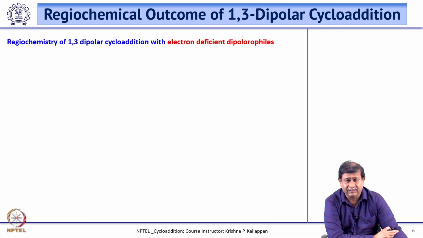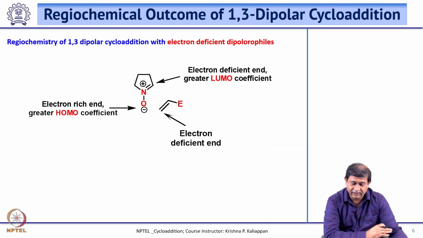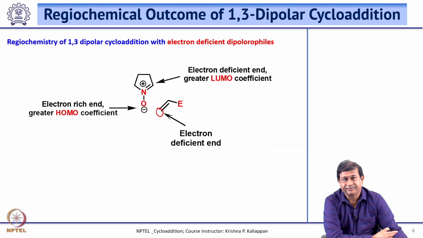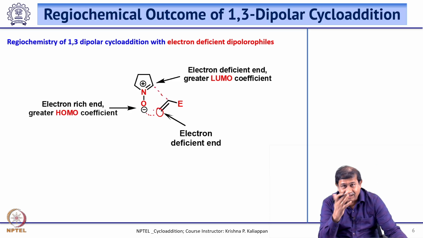Now, let us see what will happen if you have an electron withdrawing group attached to the dipolarophile, attached to the alkene or the dipolarophile. Same nitrone. Now, this carbon is electron deficient. Okay. Then obviously the reaction will take place in the opposite way.